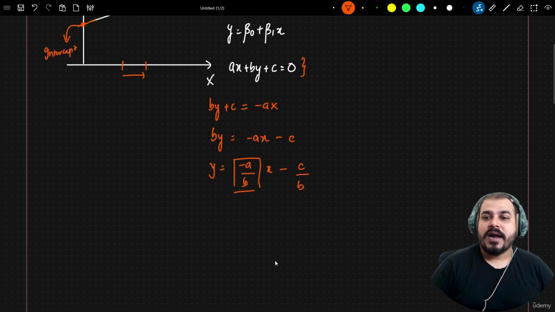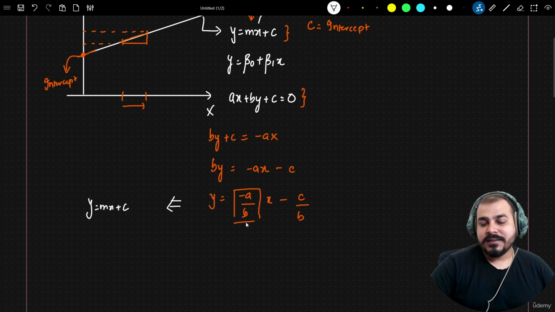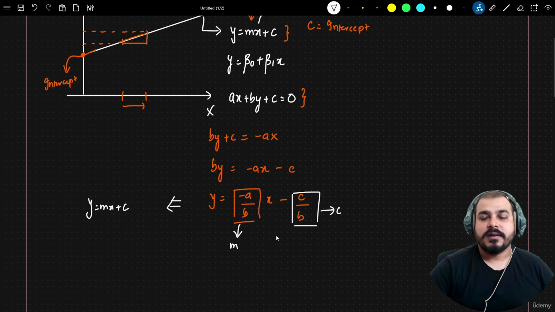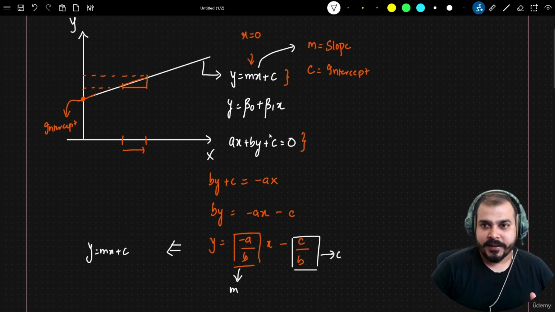Now you know that this also follows the same equation, y is equal to mx plus c. This is my m value and this is my c value, the slope and the intercept. So both these equations represent the same thing.